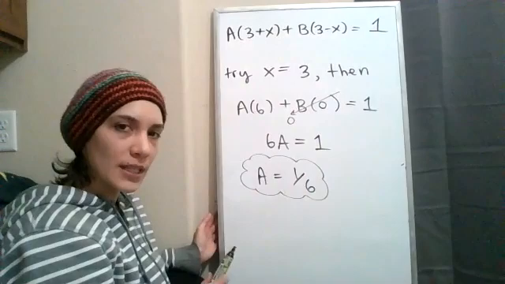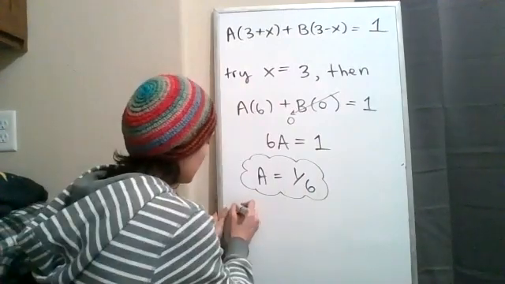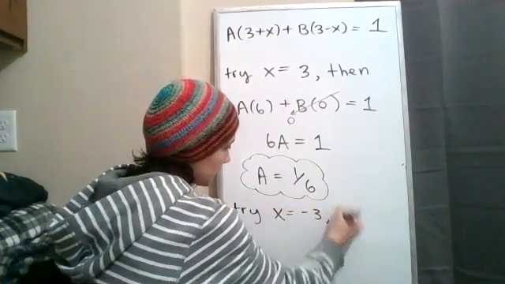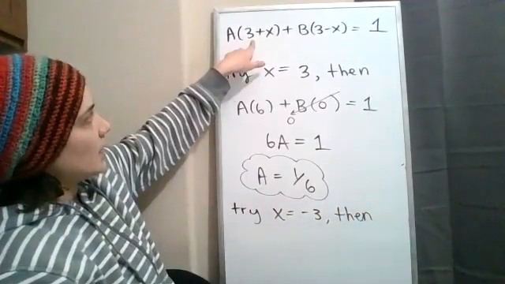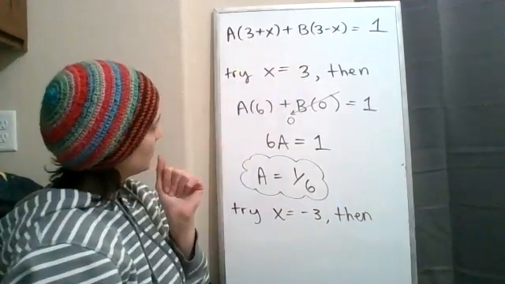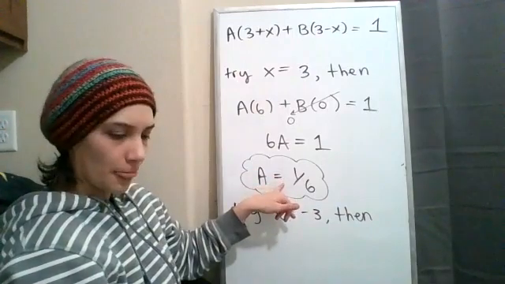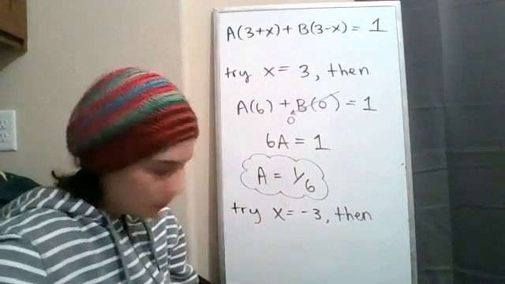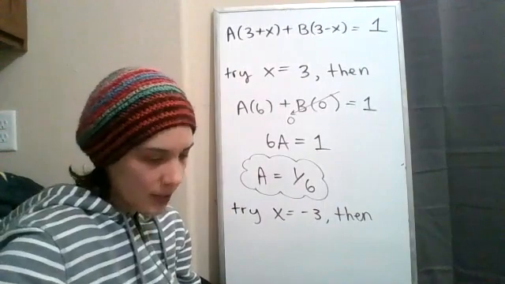I think we were going to go with -3, but any x is okay. So that would be a times 0 plus, well, did I get this right? We put in 3 and we get out a. Yes. Let's put in -3.